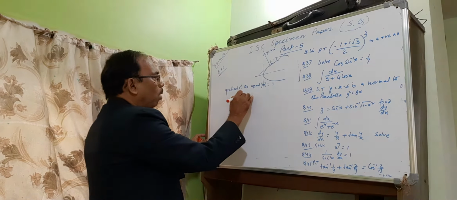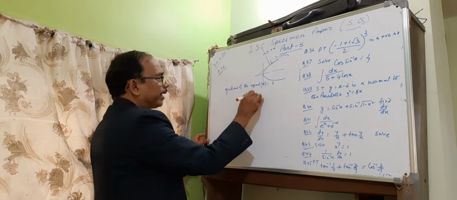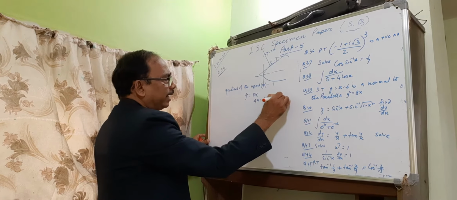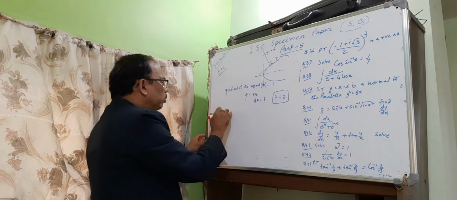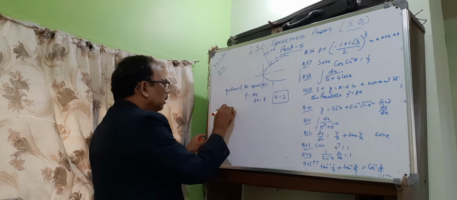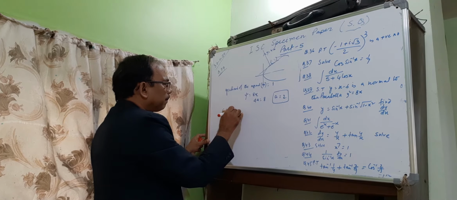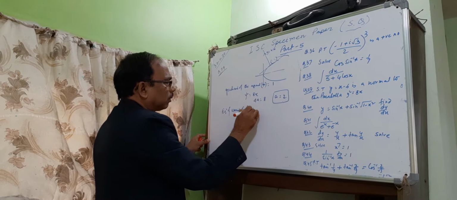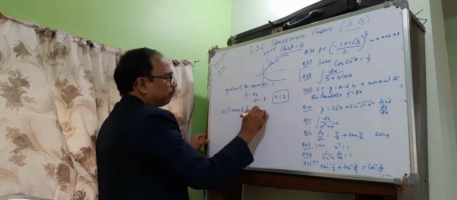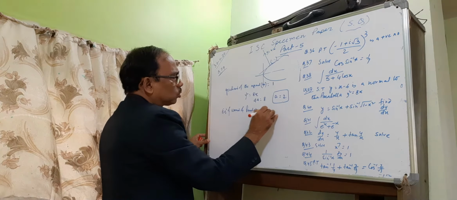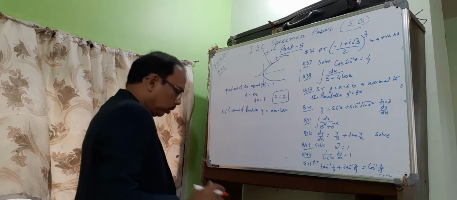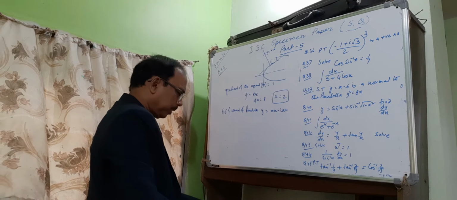Here y square equals 8x, that is 4ax, so 4a equals 8, that is a is 2. We know the equation of normal of a parabola is y equals mx minus 2am minus am cube.